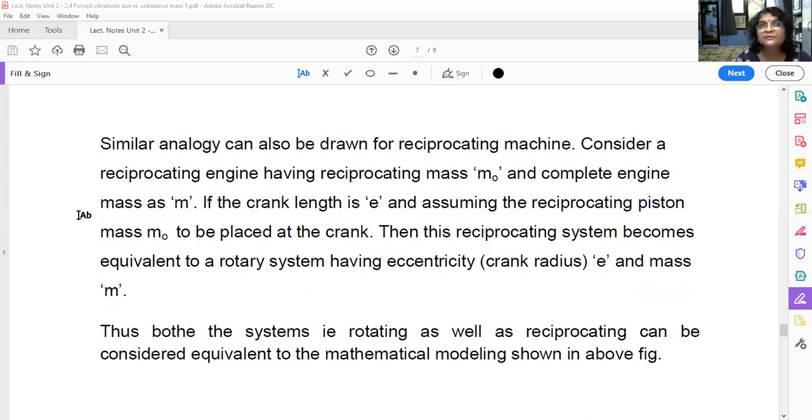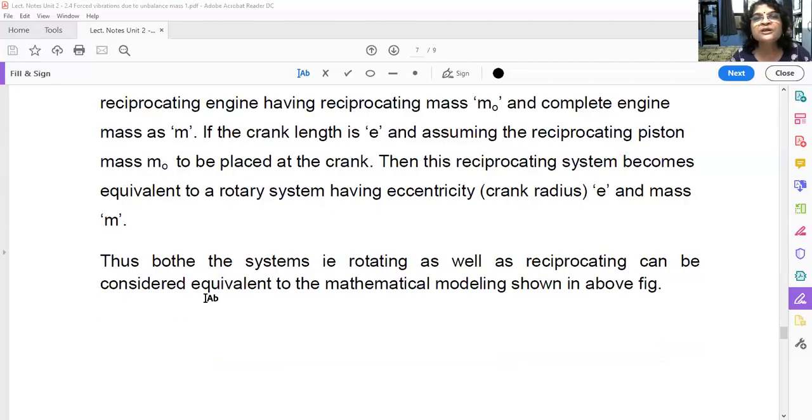So that's why whatever formulae or method we have adopted for forced vibration due to unbalanced mass in the rotary machine, the same procedure, same analogy, same formulae are applicable to the reciprocating machine also. How this reciprocating mass has been assumed to be placed at the crank without disturbing the system forces, we'll study in detail in unit number 4.